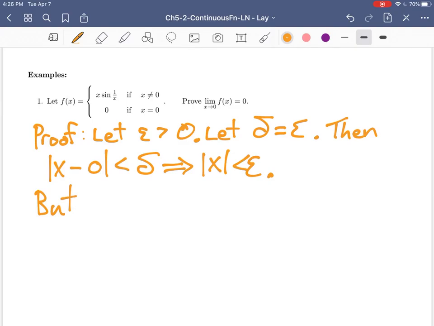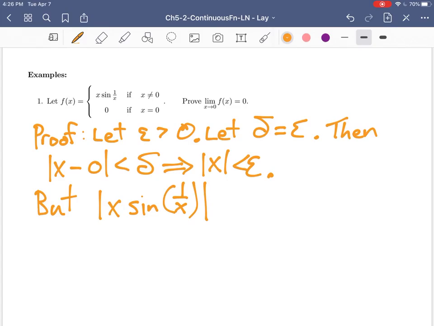But we can also make this other observation. We can make this observation that x times the sine of 1 over x, sine of 1 over x, that's going to be oscillating between -1 and +1, right? And so it has an absolute value that's no larger than 1.